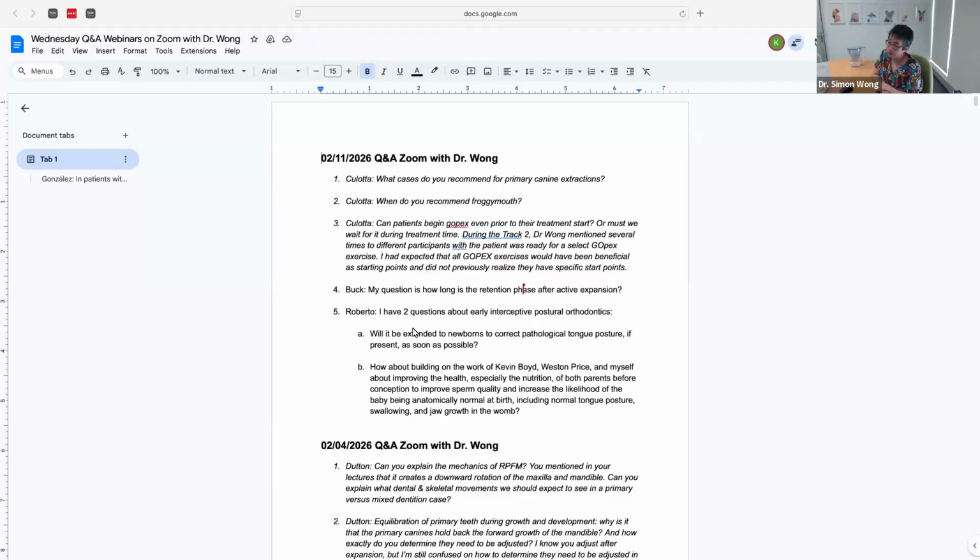Retention is a concept that is there for us to stabilize the changes that we have made artificially. If you were to treat an older child, like a teenager or an adult, and they had teeth that were in malocclusion, we know the most stable bite relationship is the presenting bite relationship.